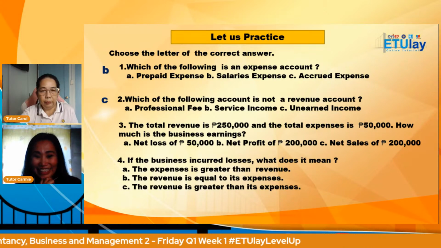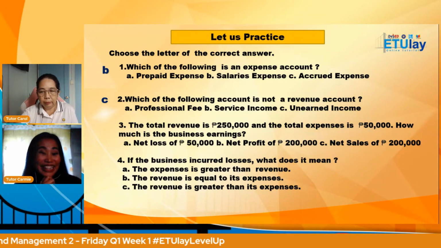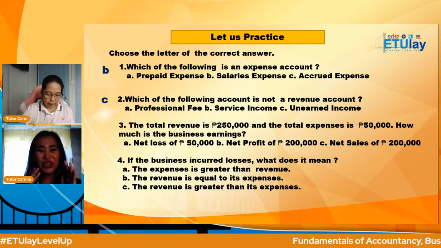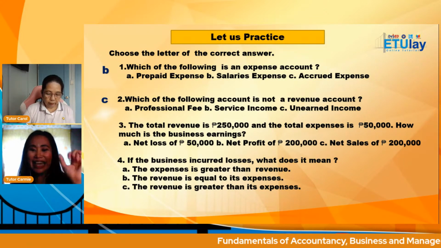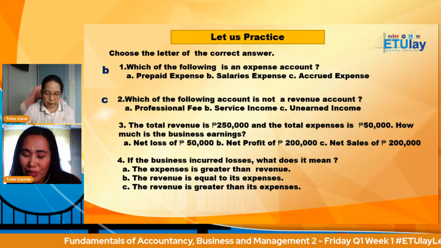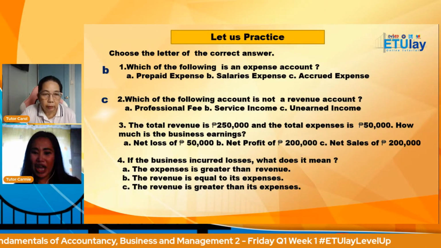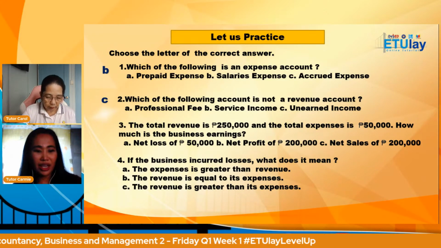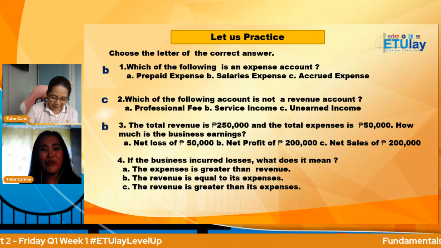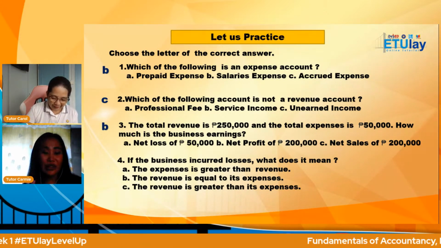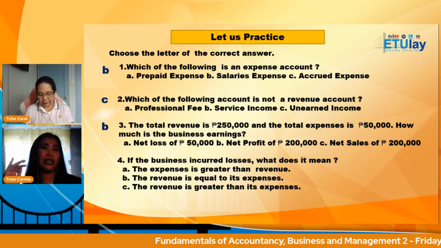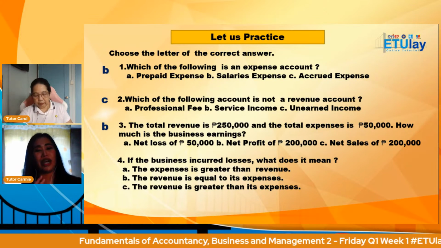Nasa single step pa lang tayo. Si Miss Cecil Placino Pagana, she answered letter B. Yes, tricky lang po yung answer, pero letter B po yan, net profit po tayo. Mamaya po, ma-explain ko po yan kasi nasa single step pa lang naman po tayo.